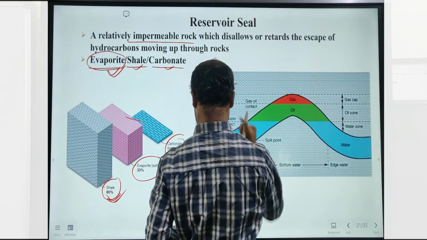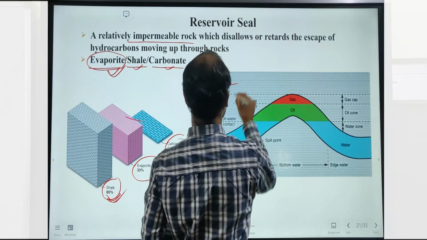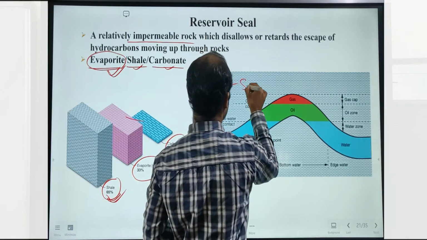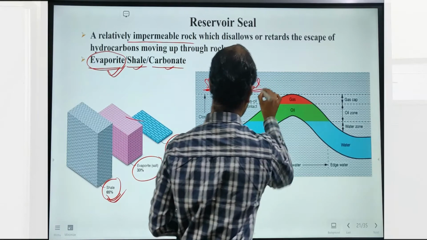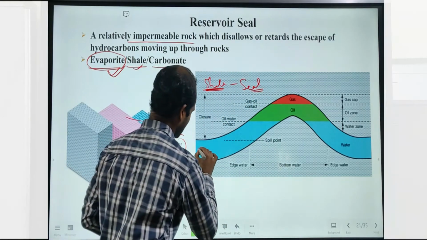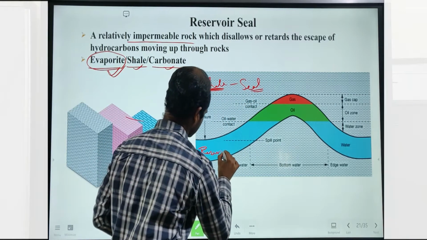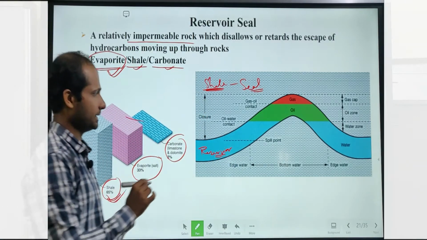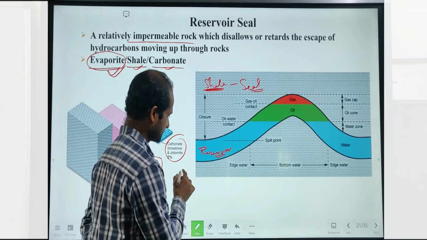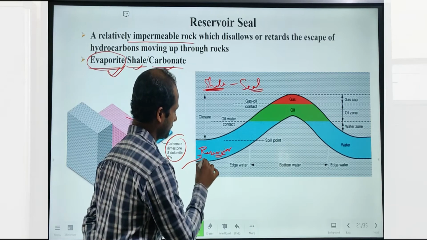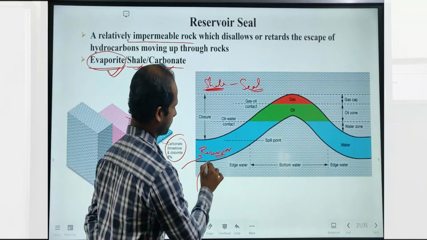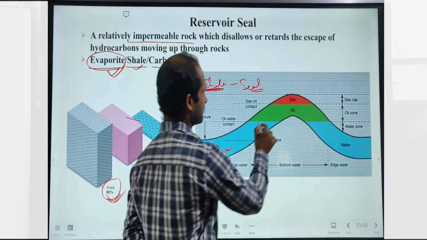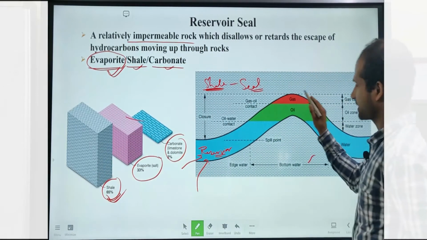This is shale which acts as seal, and this one is our reservoir. The hydrocarbon is being migrated either from the lateral side or from the downward side and getting accumulated on the crestal part.